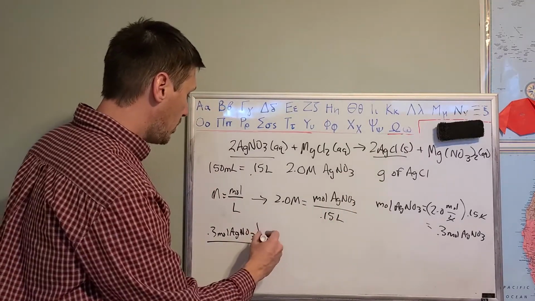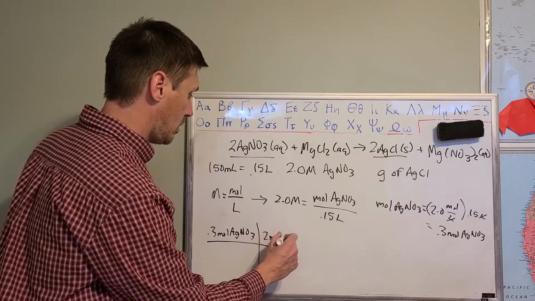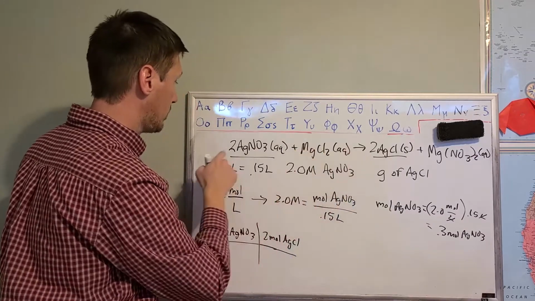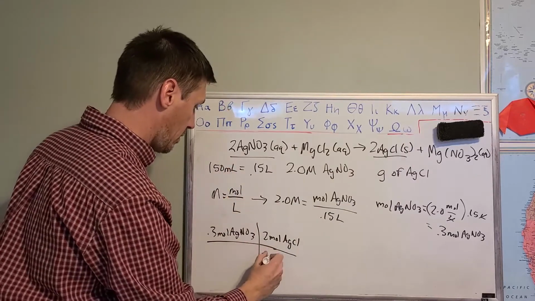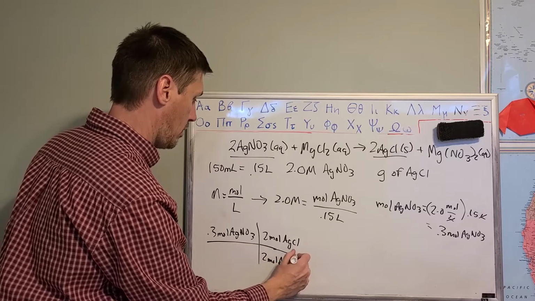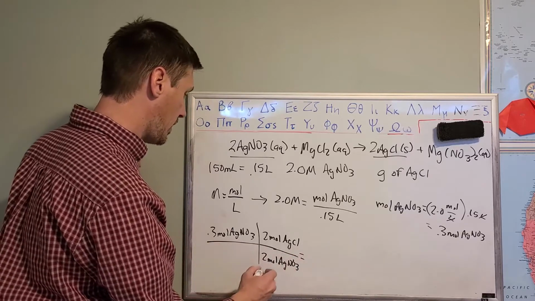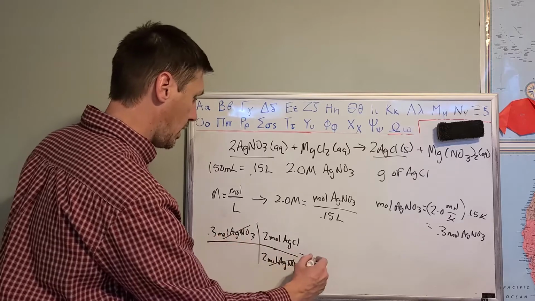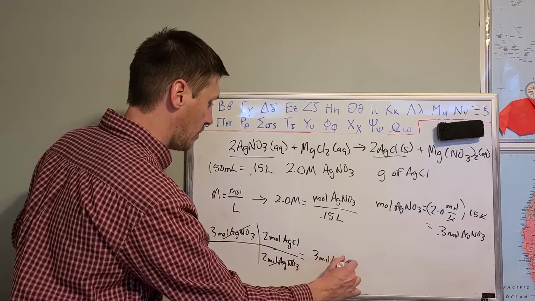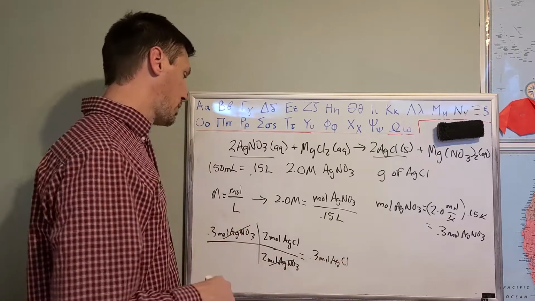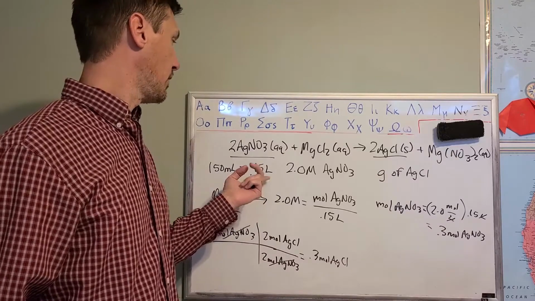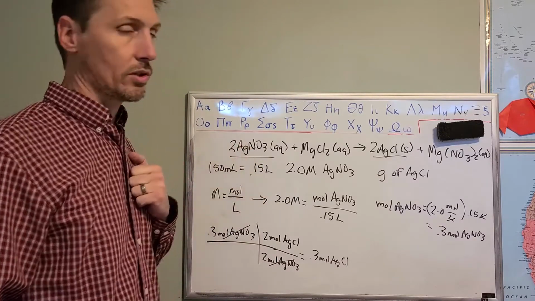We know that 2 moles of AgNO3 is equal to 2 moles of AgCl. So if we have 0.3 moles of this, these units cancel out, and we have 0.3 moles of AgCl. That's how many moles this 0.15 liters of 2 molarity AgNO3 solution will produce.